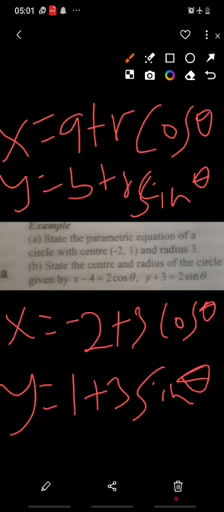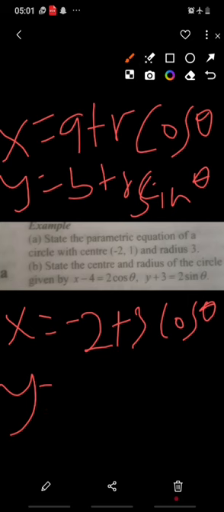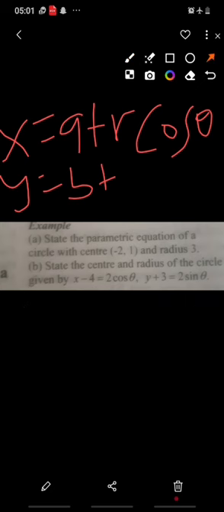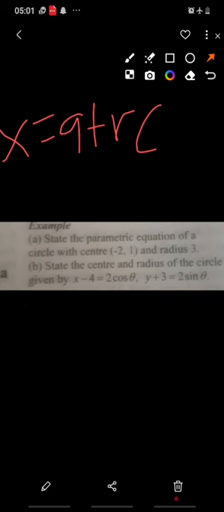And then the next question is to state the center and the radius. So here we were told to state the parametric equation of the circle, but then they are also telling us to state the center and radius of the circle when the parametric equation is given. So it becomes very simple. We can clearly determine the center and the radius.